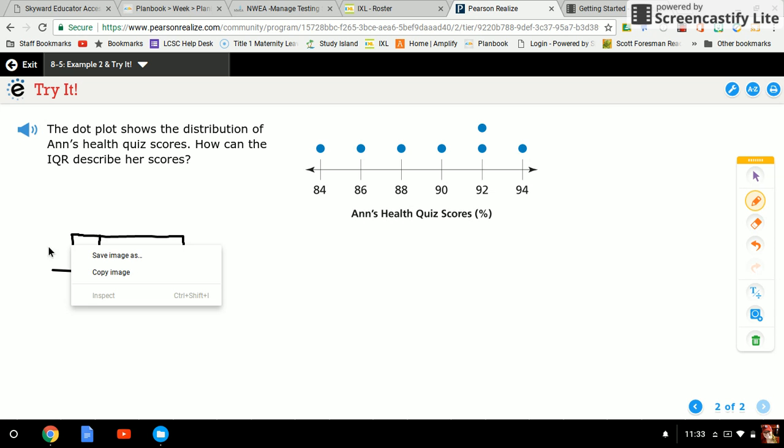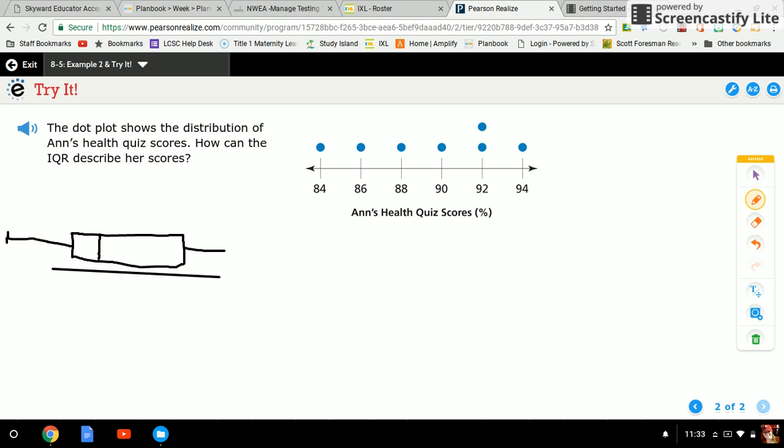Your whiskers indicate your minimum and maximum. So we are looking at the first quartile right here. What number is this on? And the third quartile, what number is that on the number line?